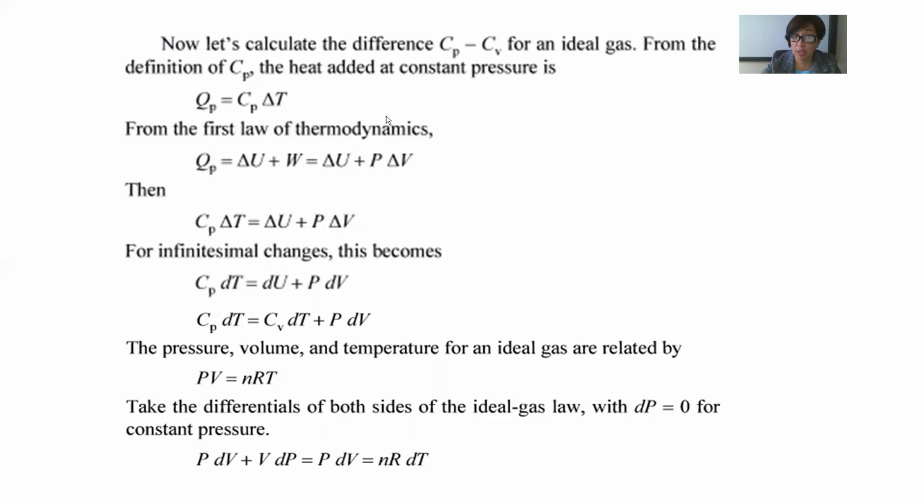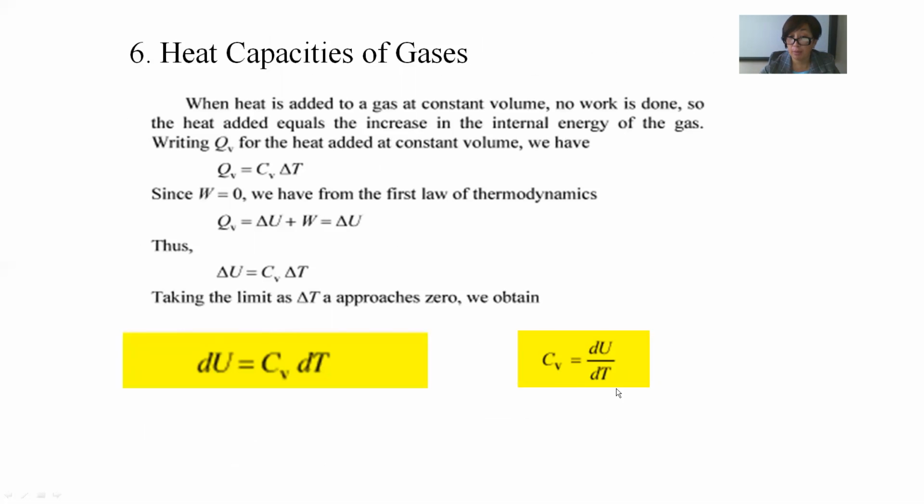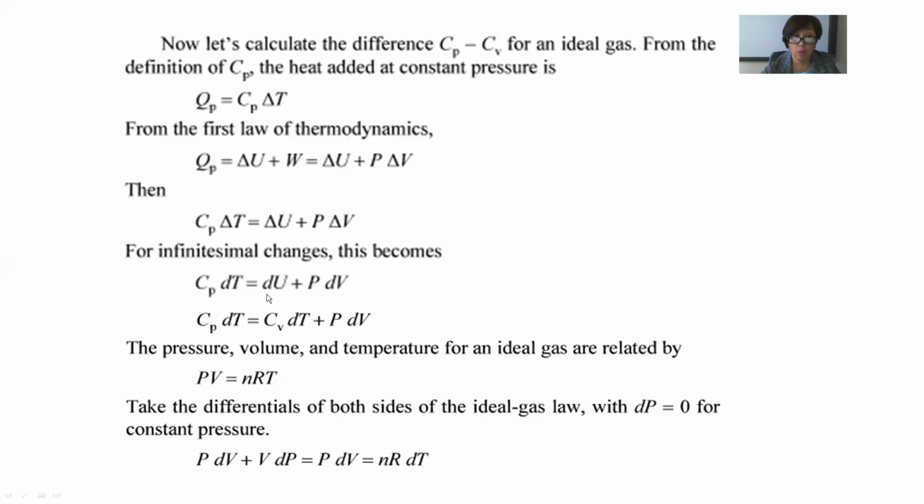From the first law of thermodynamics, for an isobaric process the work is P delta V, and Q is replaced by Cp delta T. Here we have du and Cp dT, so Cp dT equals P dV plus du. Here we replace du with Cv multiplied by dT, and we know the relation between pressure, volume, and temperature for an ideal gas.